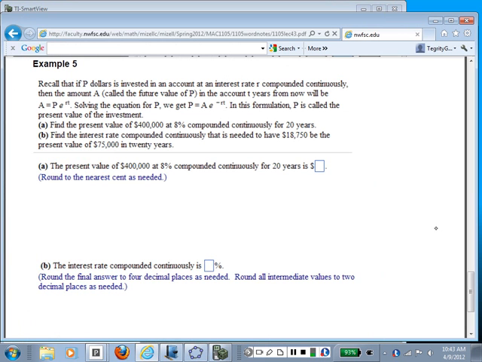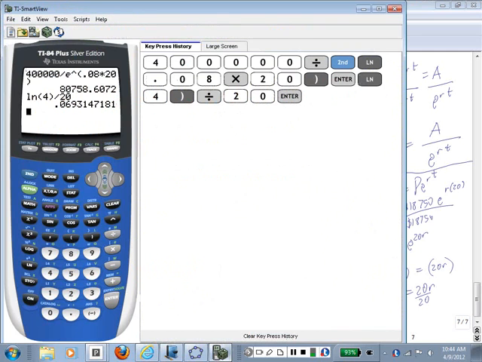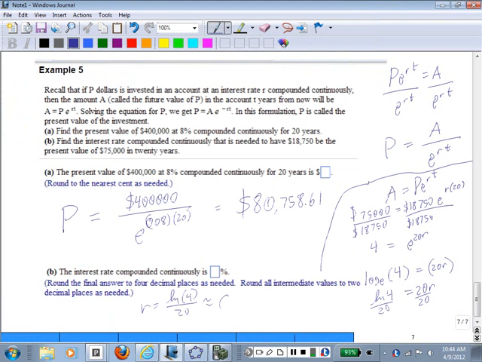Round the final answer to 4 decimal places, and then round all intermediate values to 2 decimal places. What I think is we need the intermediate value. I would say the intermediate value should be 0.0693, but the final answer should be 6.93%.